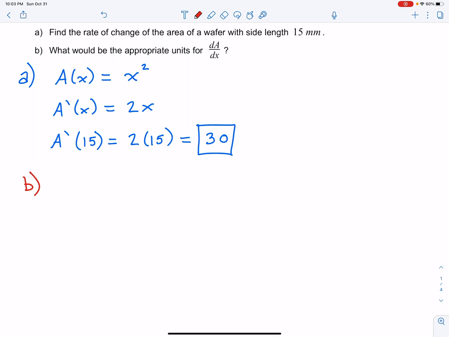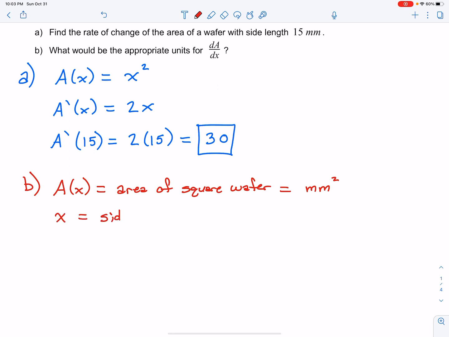Let's think about the units involved. If we're looking at the area of our square, we have our side length squared, the area of our wafer. If our side lengths are millimeters and we're squaring them, then the units on that would be millimeters squared. We also have x involved here, our side length.